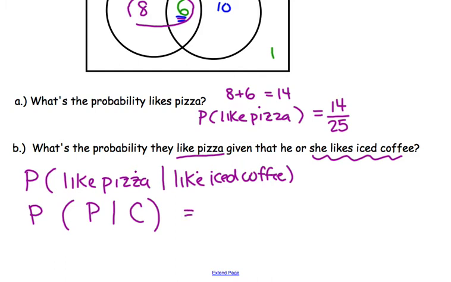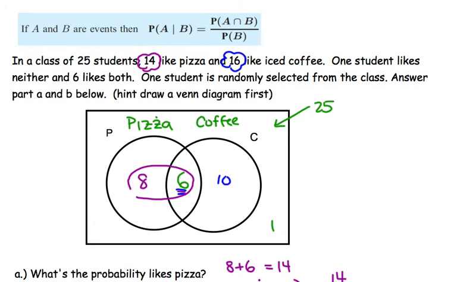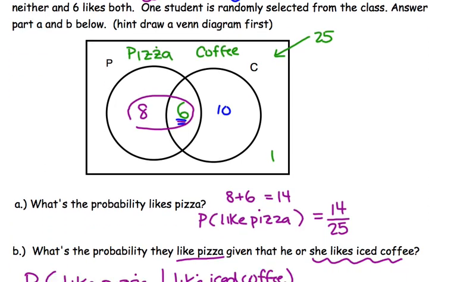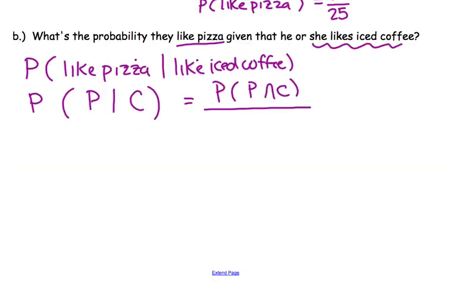So remember, the numerator is the intersection of those who like pizza and coffee over your probability of B. Well, in this case, it's the probability of C. Probability of those who like coffee. All right, so we head up.